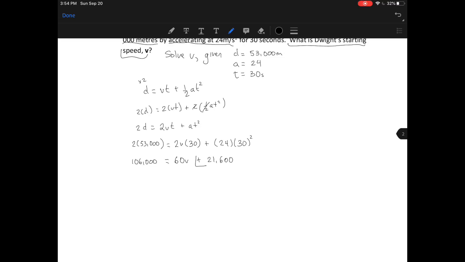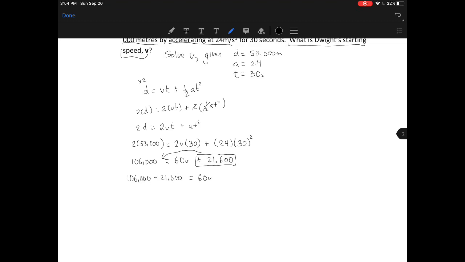21,600. And we have to solve for V, which means that 21,600 is going to jump over to the left side. So 106,000 minus 21,600 is equal to 60V.